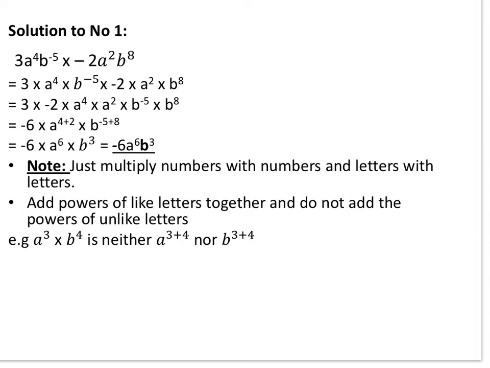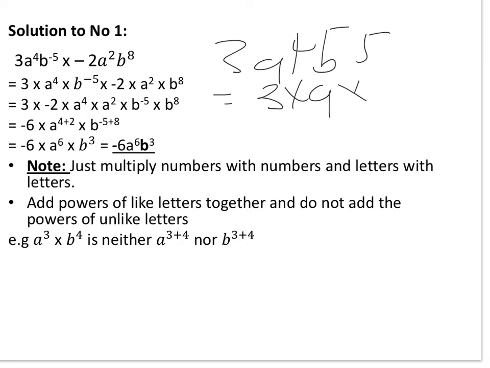So we solve 3a raised to the power 4, b raised to the power minus 5, which is 3 times a raised to the power 4 times b raised to the power minus 5, times minus 2 times a raised to the power 2 times b raised to the power 8.